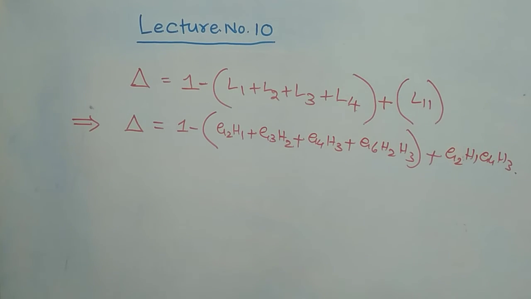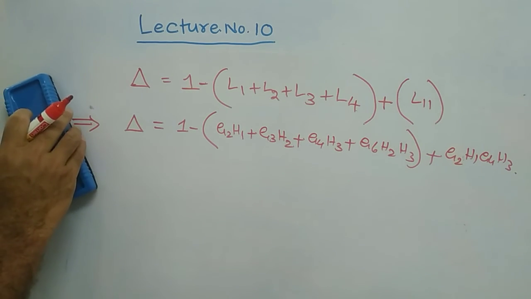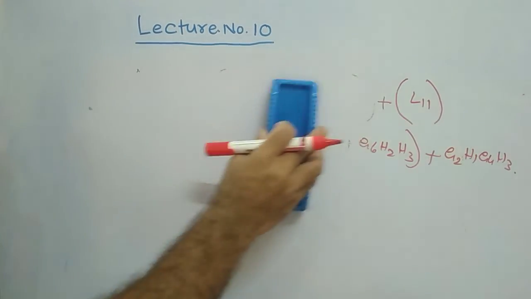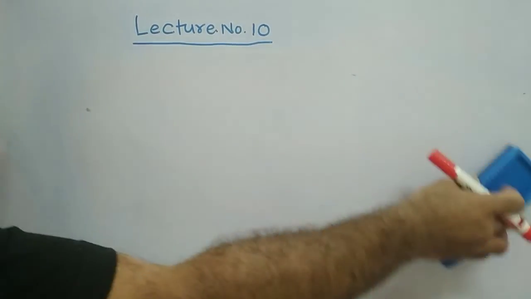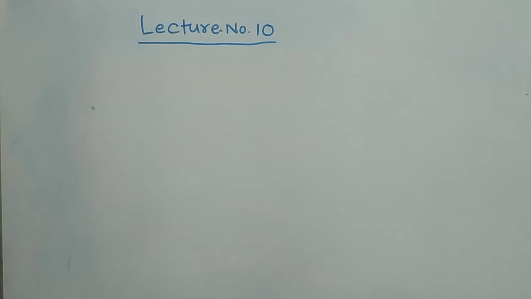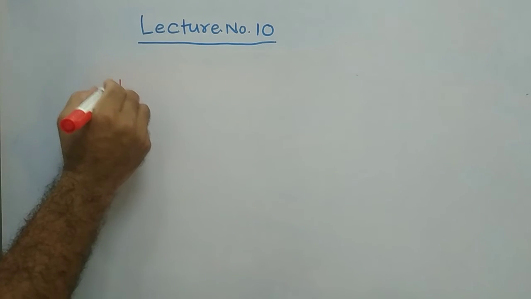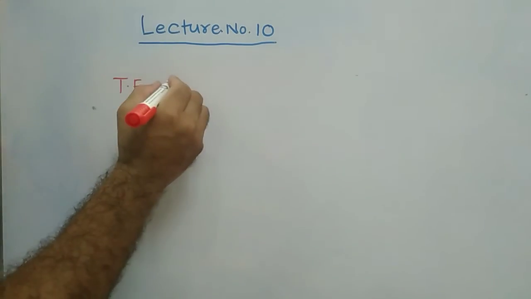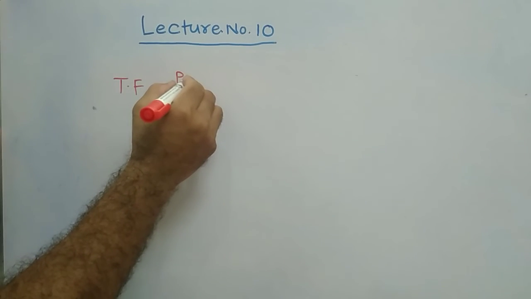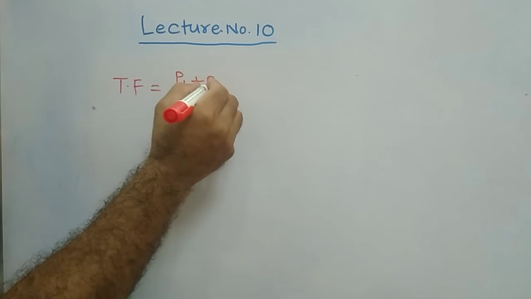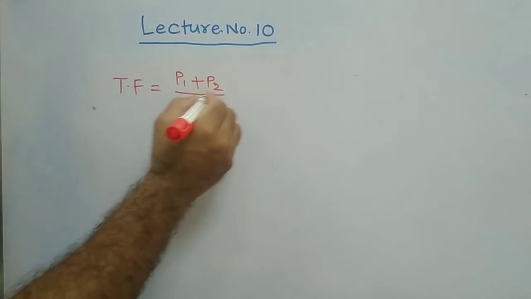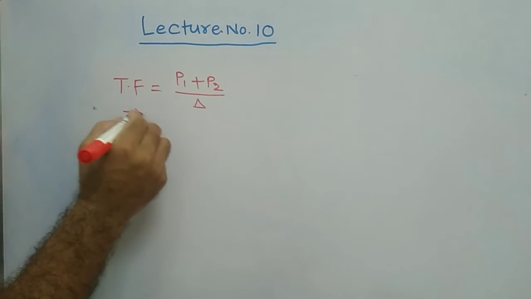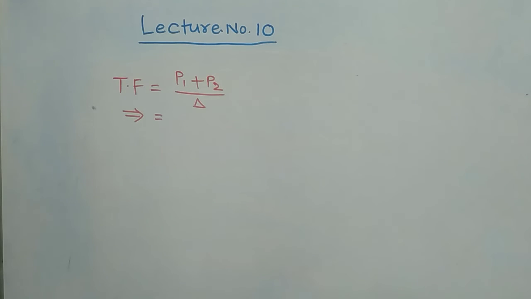Now substitute in your transfer function. Finally you will have the transfer function equal to simply P1 plus P2. That's all, because the delta 1 and delta 2 values are 1 only. That's why it is not required to write. Actually it is P1 delta 1 plus P2 delta 2 by delta basically.